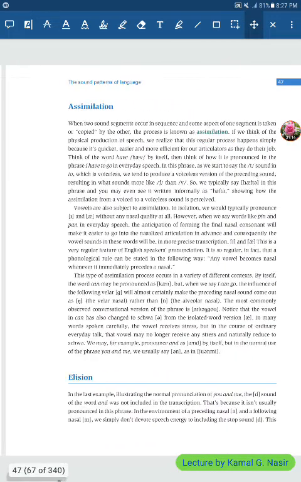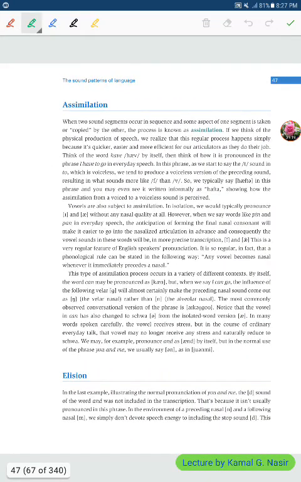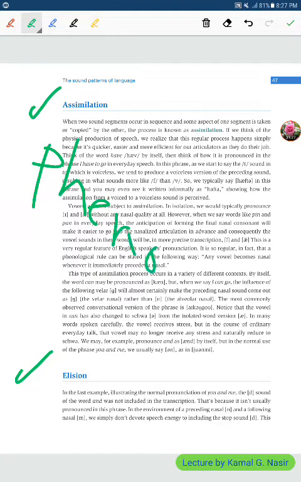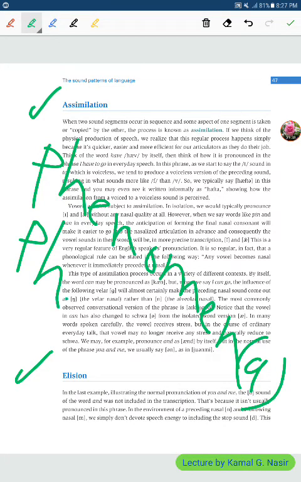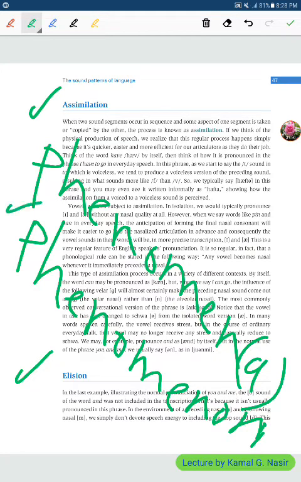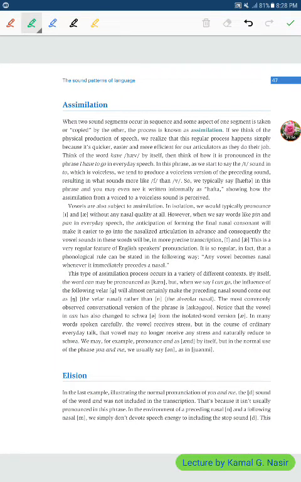So assimilation and elision are two phenomena, two phonological phenomena.